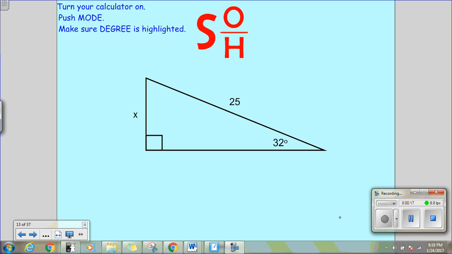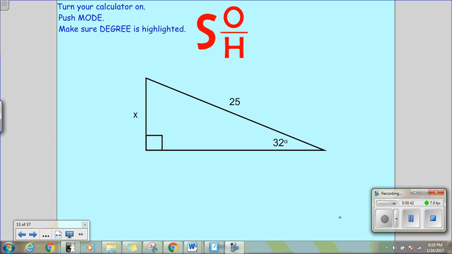When you are using a scientific calculator, specifically the ones that we use in class, which is the TI-84, but any scientific calculator for that matter, make sure the calculator is in degree mode. For our 84s, you need to push mode and make sure degree is highlighted.